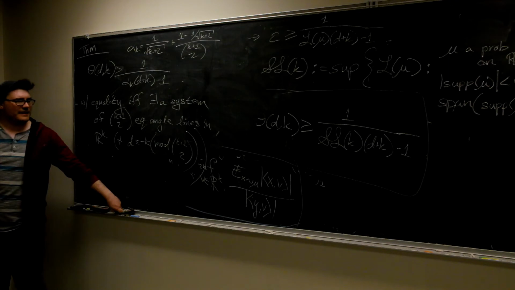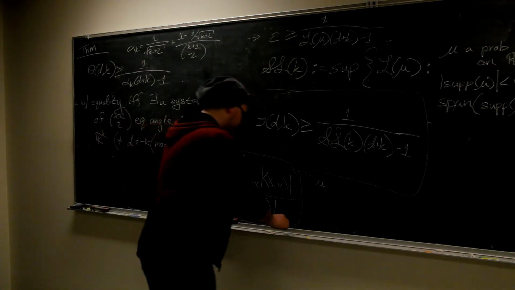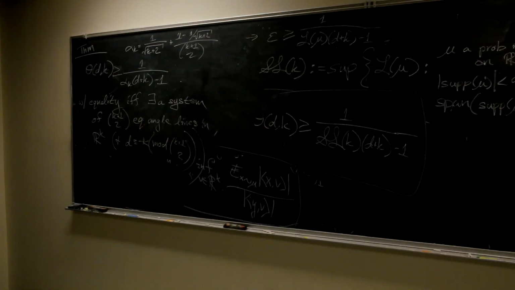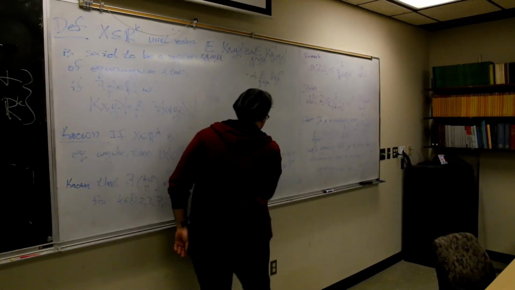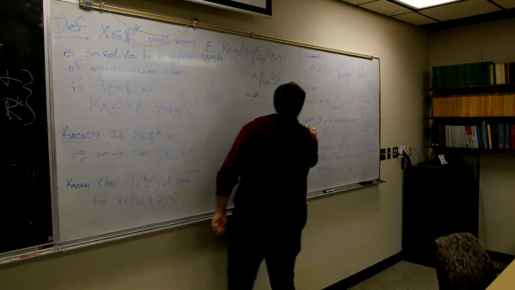And I have a couple minutes left. What else do I want to say? Maybe I'll say a tiny bit about how this proof goes. Let's talk about this claim a little bit.